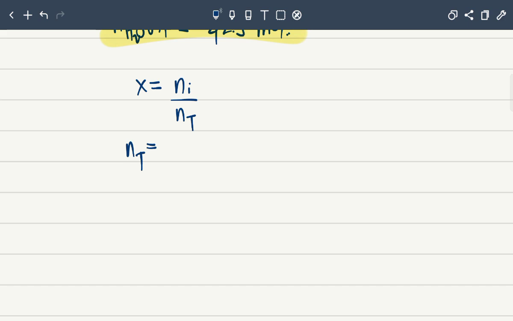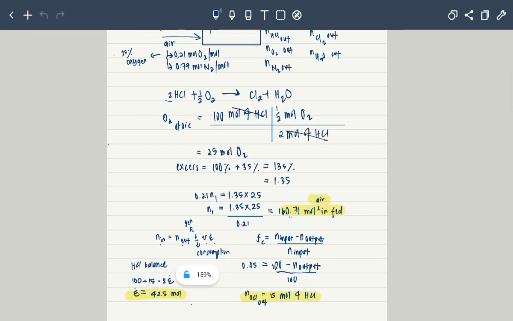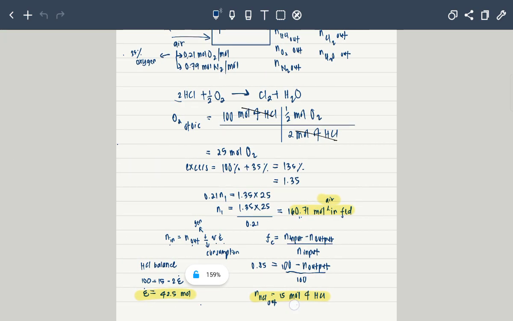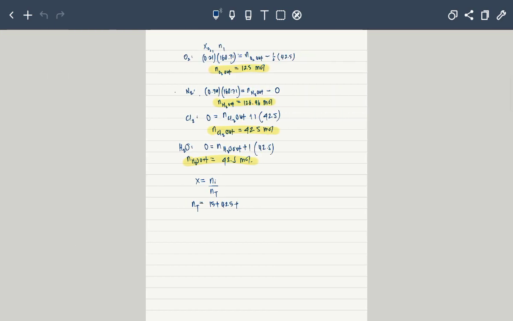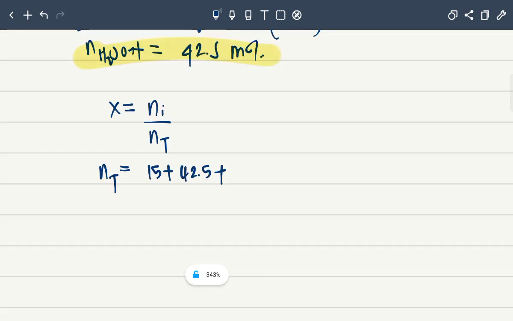Okay, so N out 15 plus 42.5 plus, sabar kita tengok balik, takut salah buat. Okay, 15, 42.5, another 42.5.